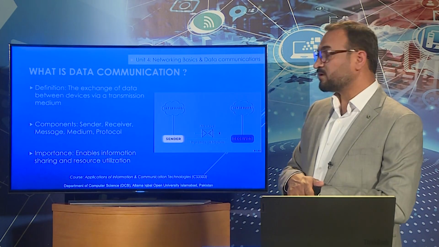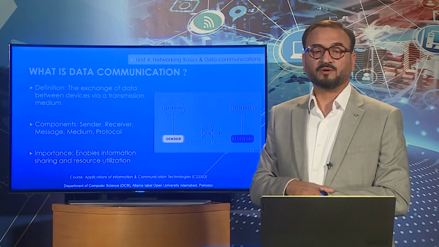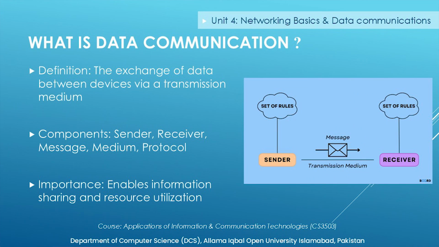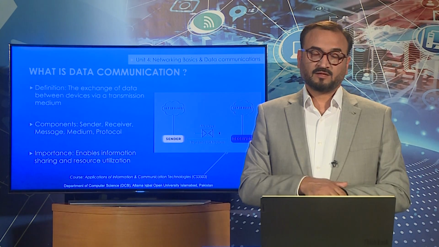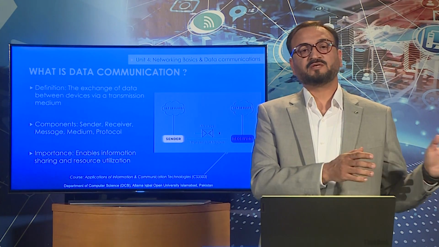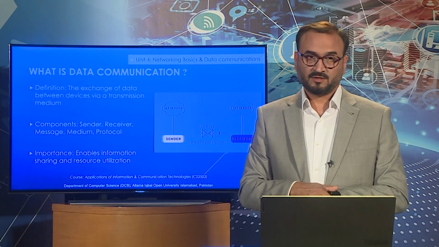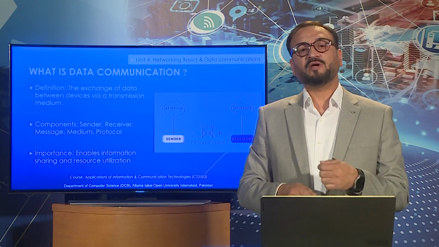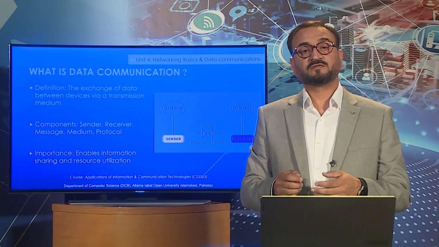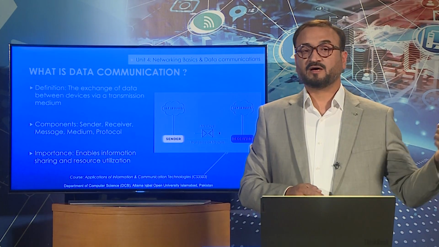Another important component is the protocol. If two persons are communicating with each other, the purpose of sharing is to give understanding of some concept. So the information sent from one end should be received and understood by the recipient as it was intended by the sender.